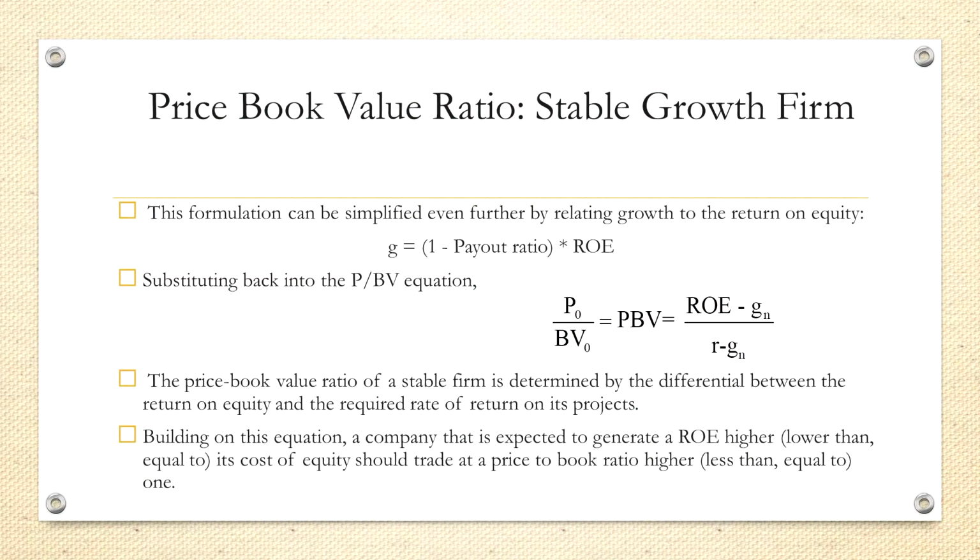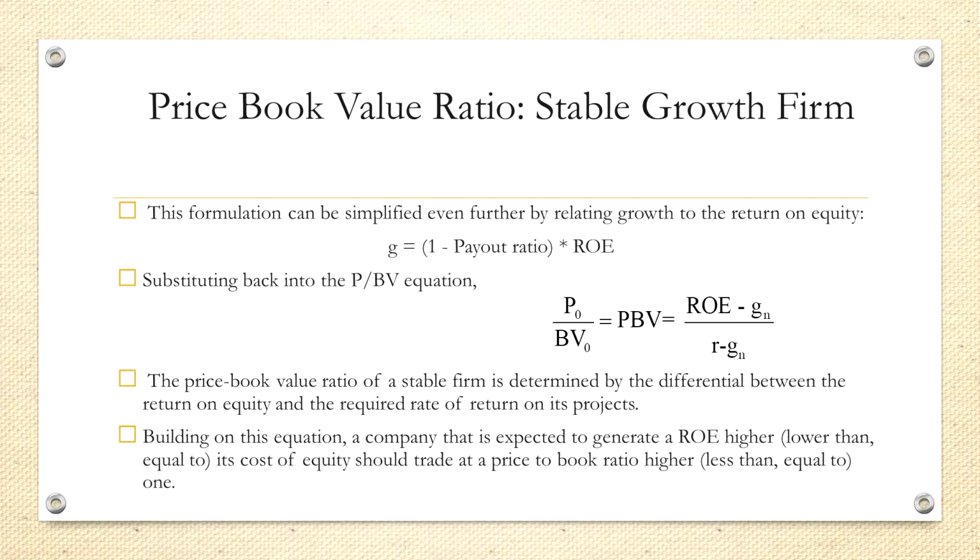Well, this formula means that the PB ratio is the relative comparison of return on equity and cost of equity, and this relationship is strengthened by high growth rates.